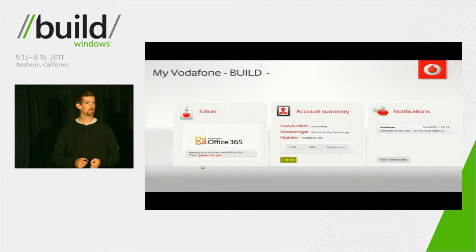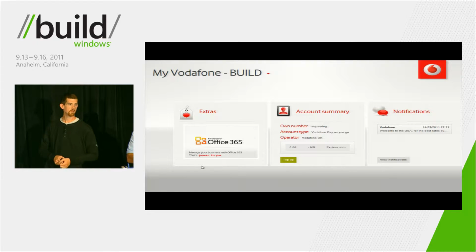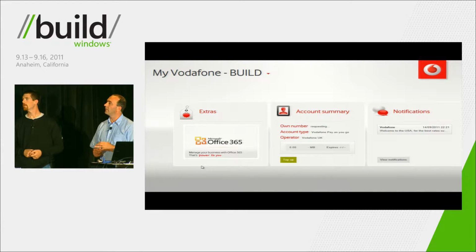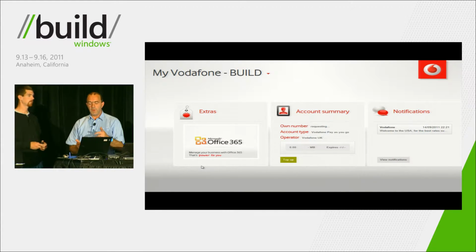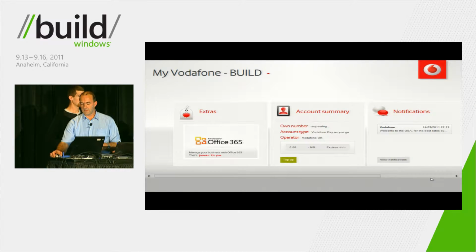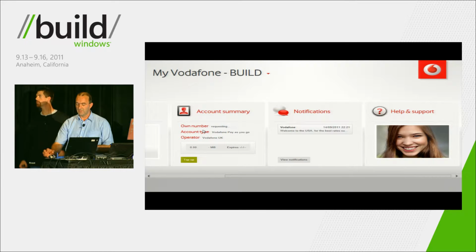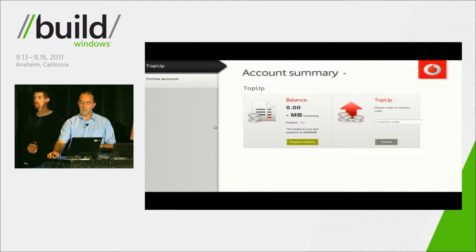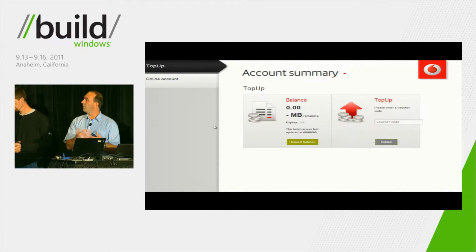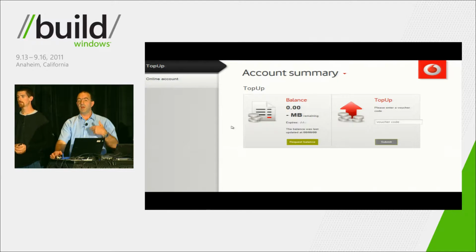So let me talk you through the things that hopefully we'll be able to show when we flick back to the other machine. A few things we were talking about is the ability for the operator to give an account function. So be able to tell the customer about their different functions, about their balance, where they can top up. If it's a contract account, you wouldn't have the top-up functions.